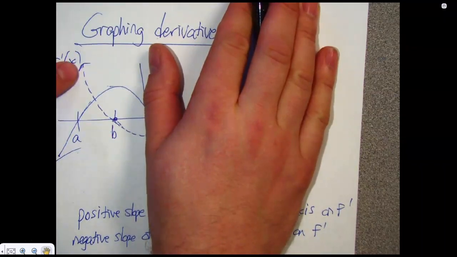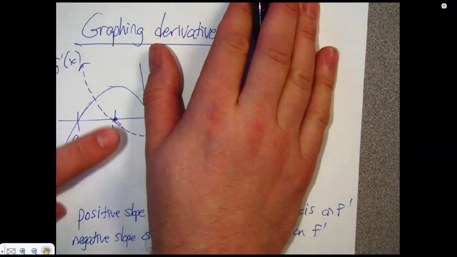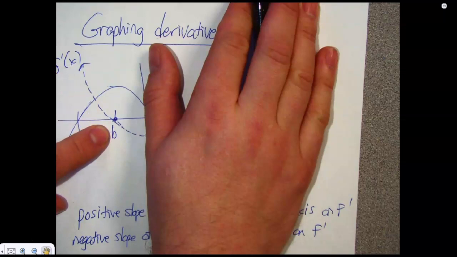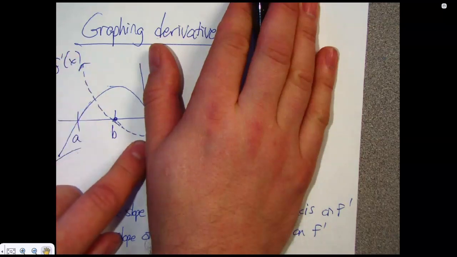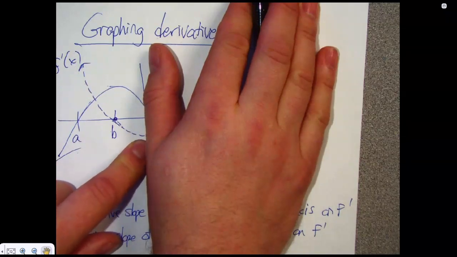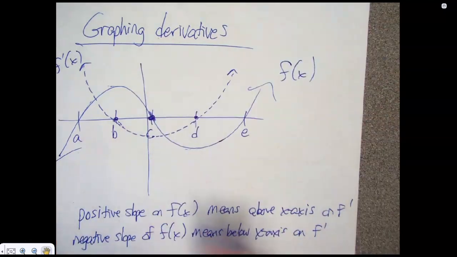Ask it this way. Is it positive or negative? Negative. And is it negative and getting bigger or negative and getting smaller? Negative. It's getting bigger. Because isn't it getting closer to zero? And if negative numbers are getting closer to zero, negative and getting less negative is a good way to say it too.